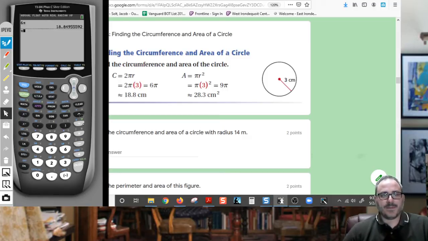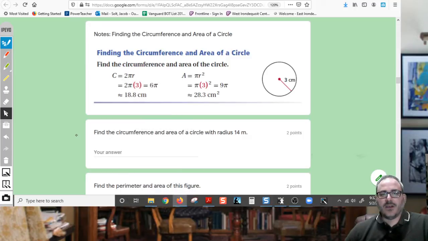Pi equals 3.141592654. Very important number. We're going to multiply it by 9, which will give us approximately 28.3 centimeters squared. It's 28.27. They saw that the 7 was next to the 2 here. They're rounding to the tenths place. 7 is 5 or greater, so they rounded that 2 up to a 3, making it 28.3 square centimeters.